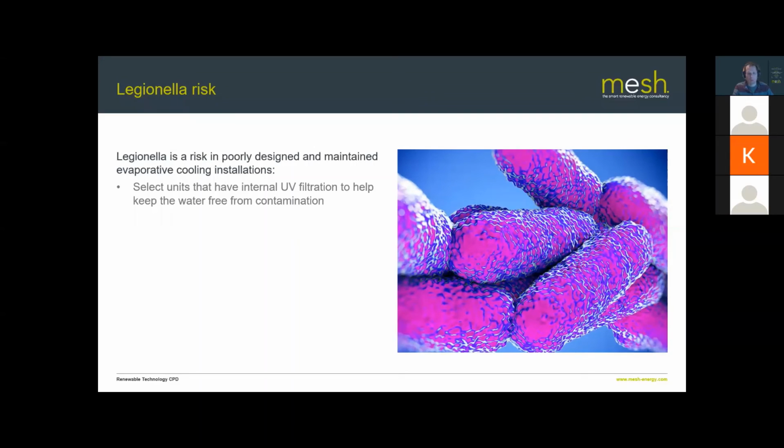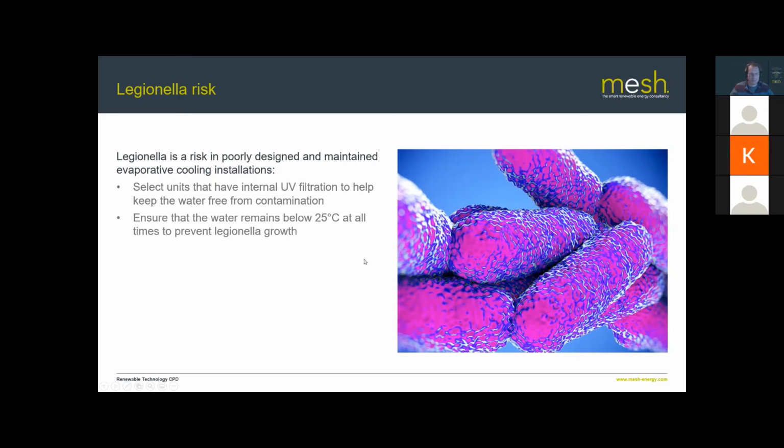As the water enters the wetting mat, it passes through a UV filter which kills any bacteria, and then it goes onto the wetting mat. So theoretically, the water that's going onto the wetting mat should be pretty much sterile, which obviously means that the wetting mats themselves stay clean. That, combined with regularly drying the wetting mats, helps keep the water free from contamination.